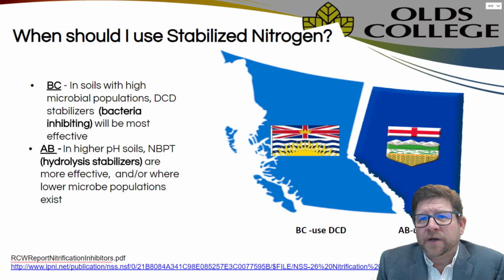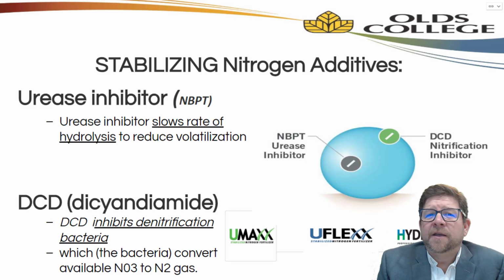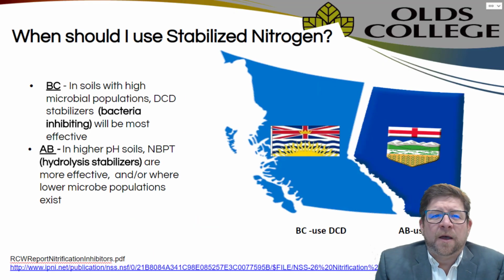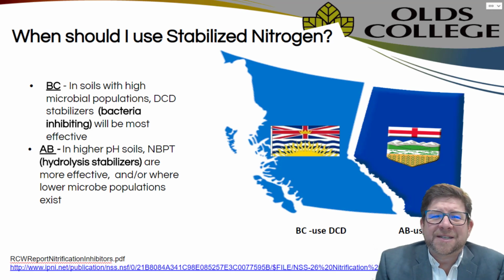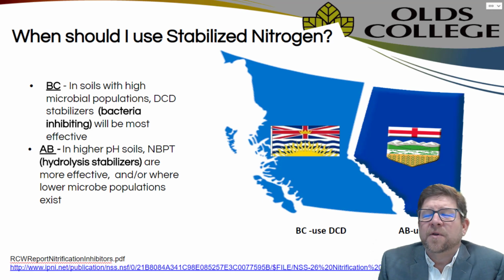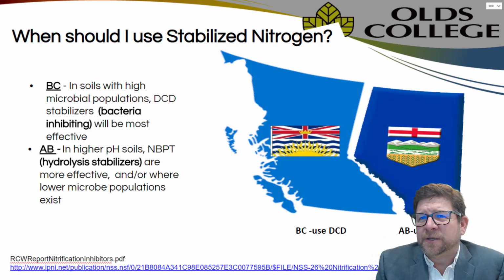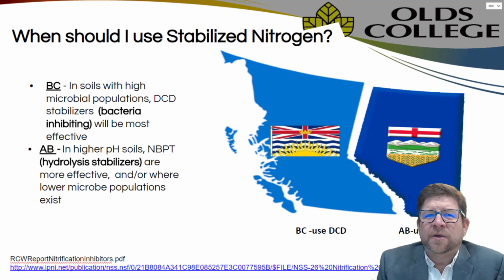Similarly in Ontario. So bacteria-inhibiting products like the DCD will become a wiser choice. In Alberta, where we have higher pH soils, hydrolysis stabilizers are probably more effective, where lower microbe populations exist, which I think we can expect with long, cold winters and not particularly hot summers.